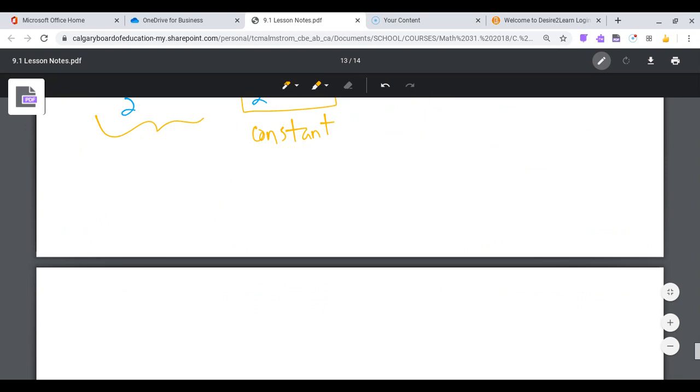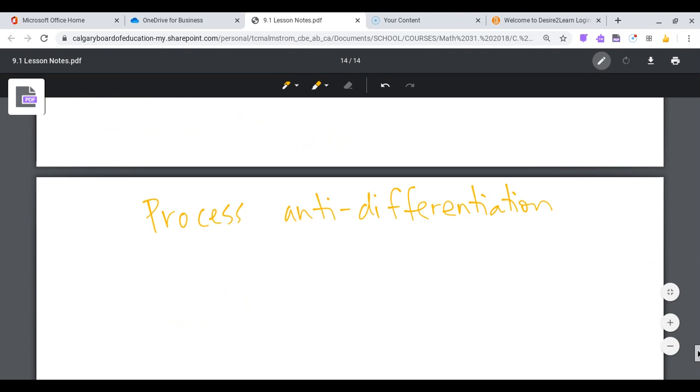The process, okay, let's write this out. The process of anti-differentiation, or integration, which it would be called in university, does not determine a unique function.